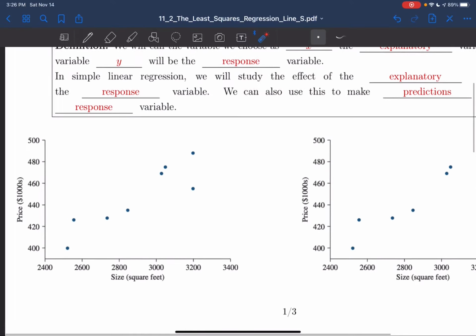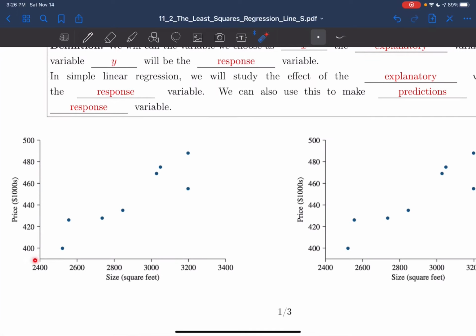So for example, this is the same data of sizes of houses in square feet and their price value in thousands of dollars. Notice that I can make a line here that could correlate with these 2 variables, like this.